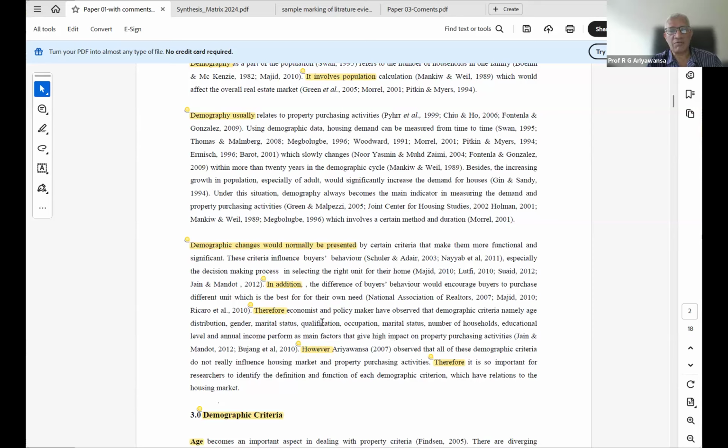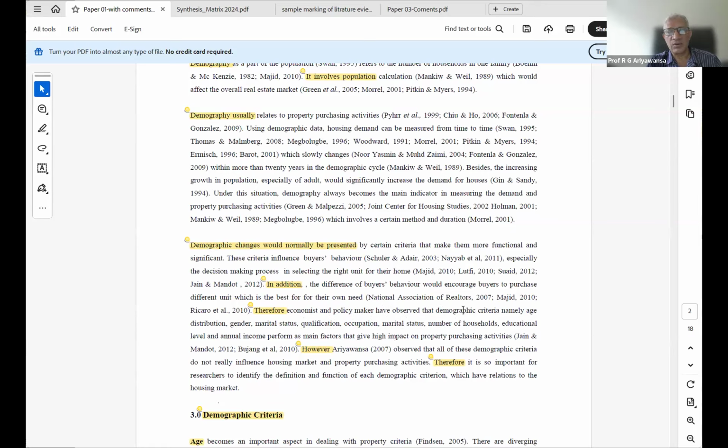Now he has unpacked what demography is. He has gradually understood what demography is by looking into economists' and policymakers' studies, through how they have looked into or explained demographic criteria.